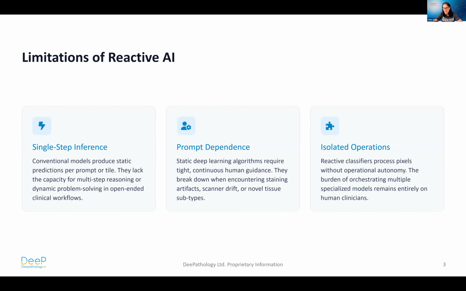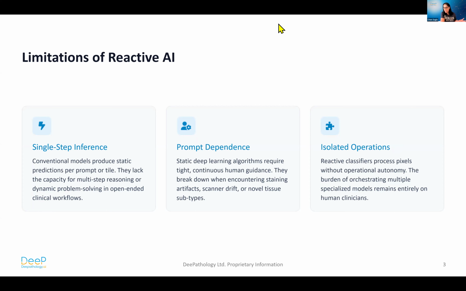Now, what are the limitations of what we may consider as reactive AI? Usually we are looking at a single-step inference, which means that we have a prompt or some kind of image, and we get a static prediction.